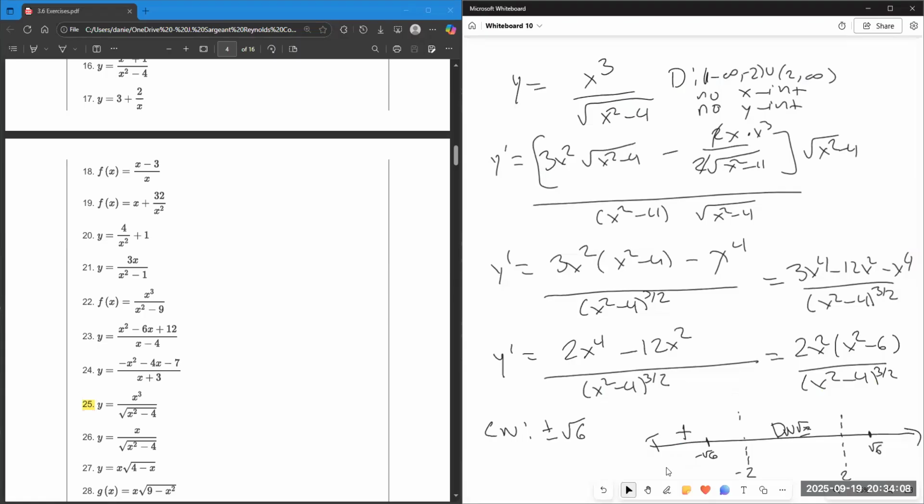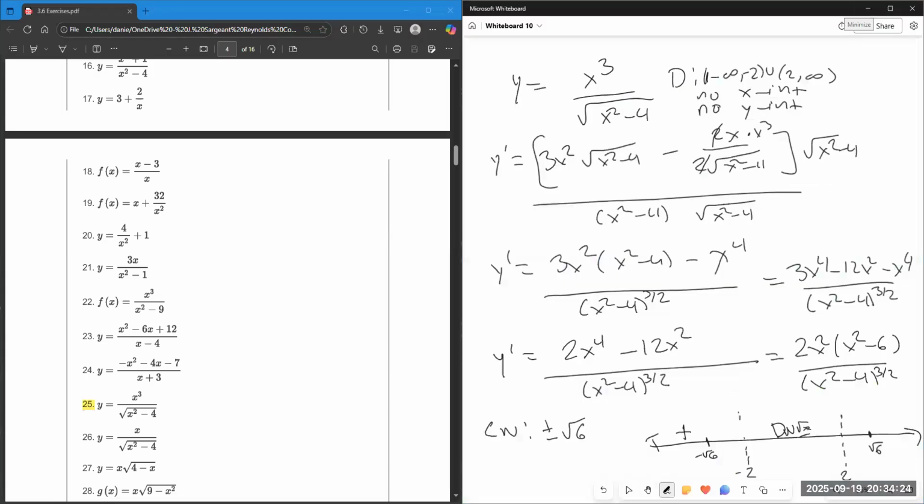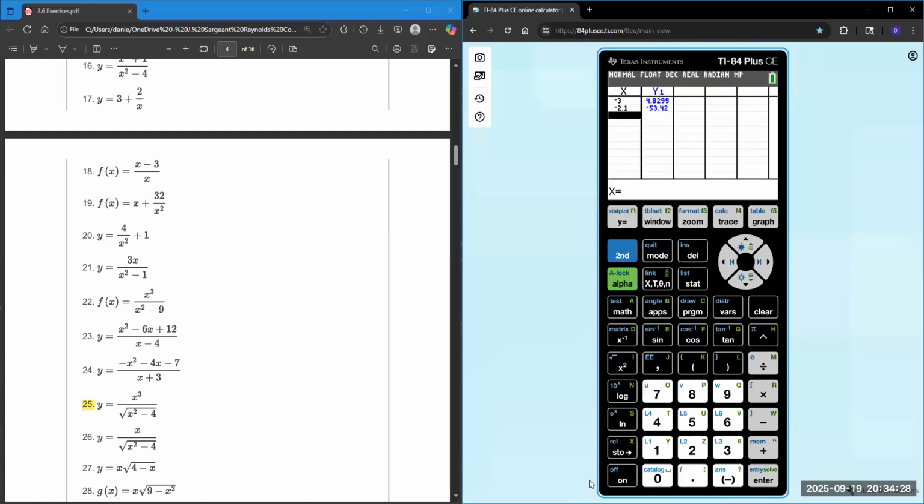And then something between -2 and negative root 6. So I'm going to choose -2.1. And that's going to be a negative number. And then this section does not exist. I'm going to choose a positive 2.1.